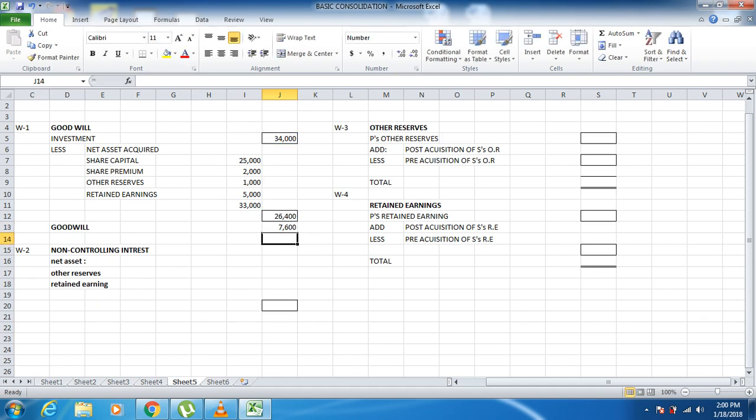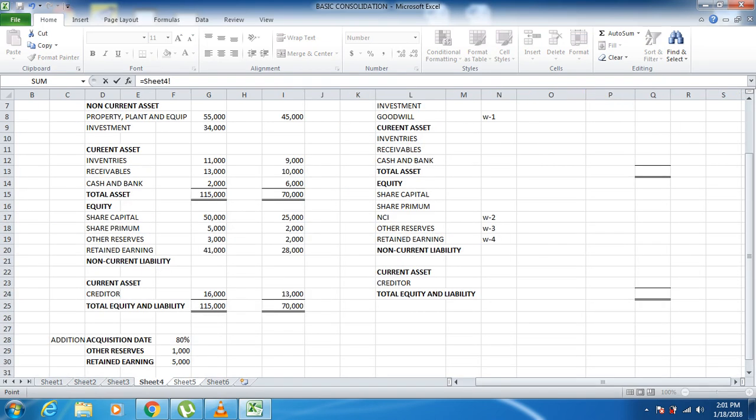Before calculating the non-controlling interest, we first calculate other reserves. P's other reserves, $3,000.